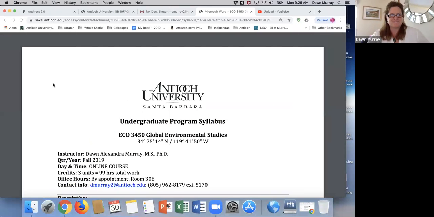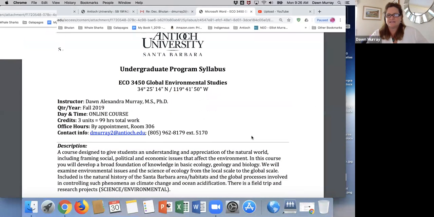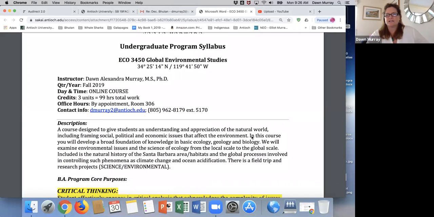All right, so the syllabus is posted in Sakai, and our course is really an environmental studies overview. So it's framing political, economic, social issues that affect the environment. And you'll develop a broad understanding of ecology, geology, and biology.